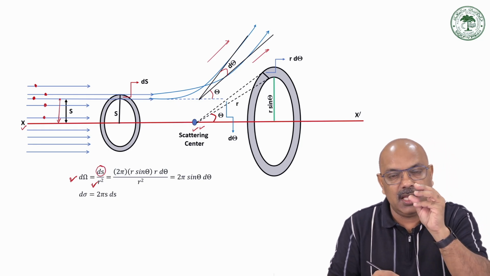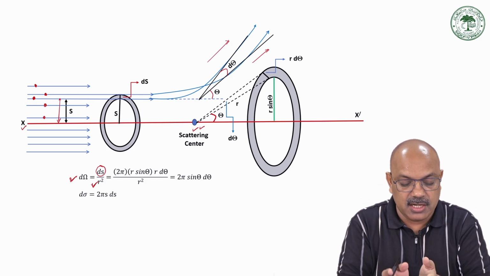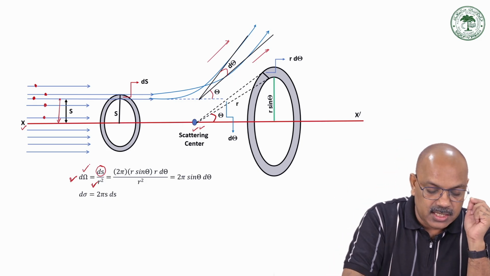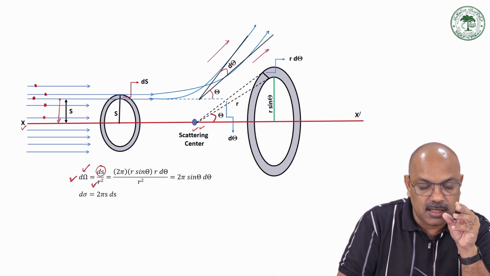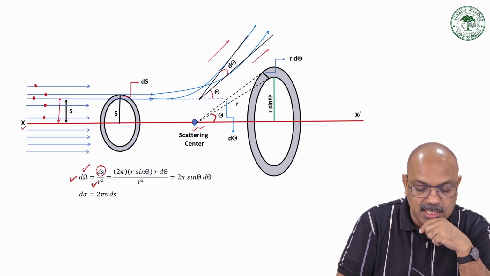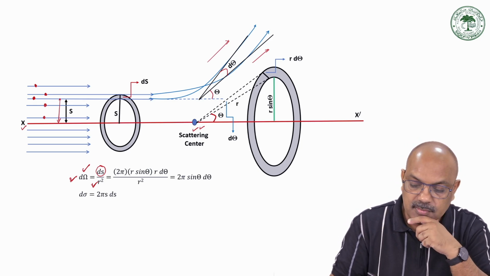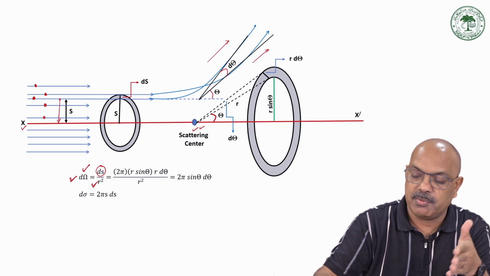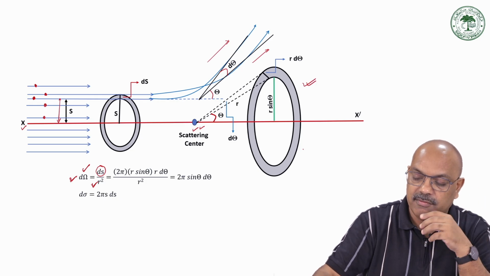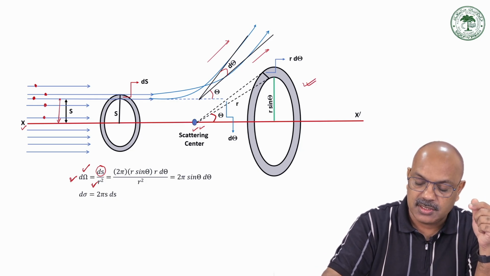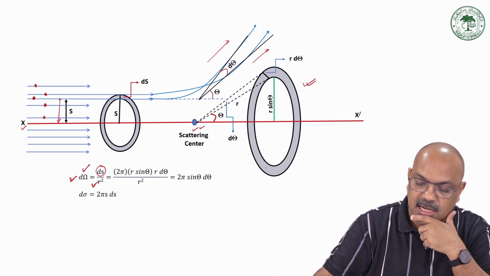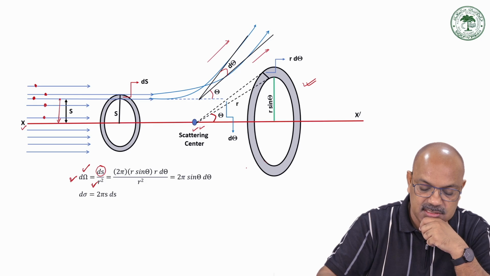This is the area of the sphere through which we are defining this small solid angle. This is part of the sphere where you cut some area, with the scattering center here, and that is how you define this ds.